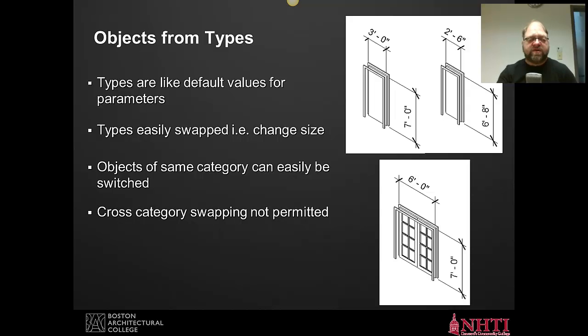But the swapping of types is definitely something that you use as you're working with Revit, because a lot of times you don't necessarily know if you want this kind of wall or that kind of wall. In fact, I used to work with somebody when we first started working with this kind of software. She didn't like using it because she didn't feel like, well, I don't know all this information about this wall, but it wants me to know.